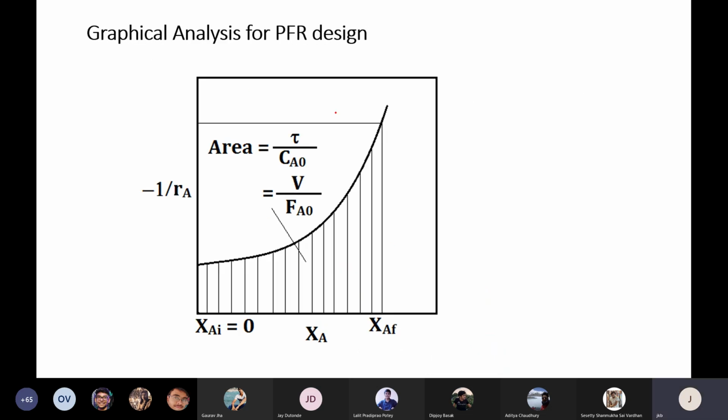And here it is explained graphically. If minus 1 by Ra is known, we can plot it. It can be used for reactor design, PFR design, isothermal obviously. So for isothermal plug flow reactor design, plot minus 1 by Ra in terms of conversion and find out the area under the curve up to final conversion.